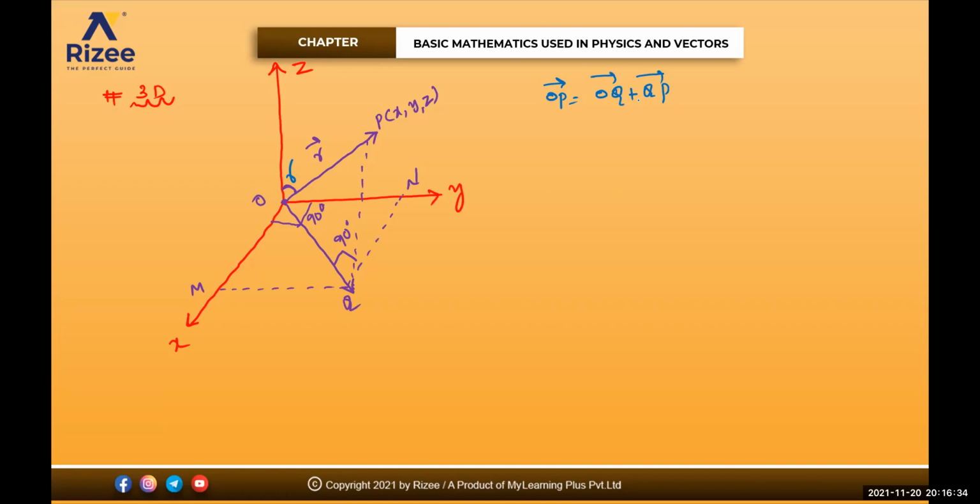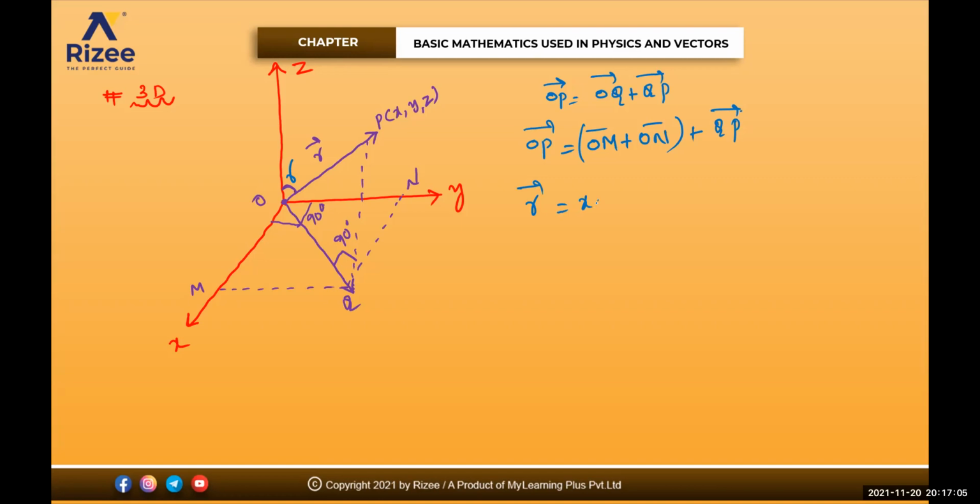Now, O to P bar will be equal to O to Q, which can be written as O to M plus O to N, plus Q to P bar. Clear? So OP is R bar.